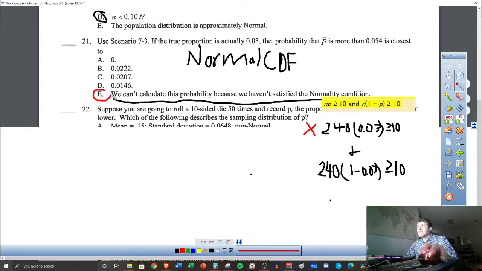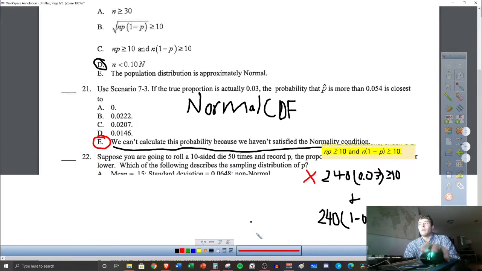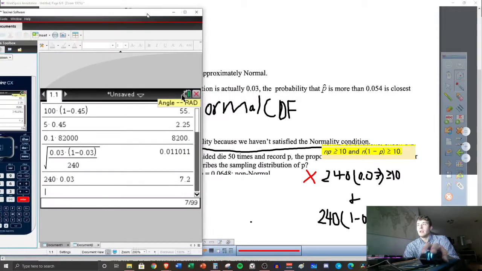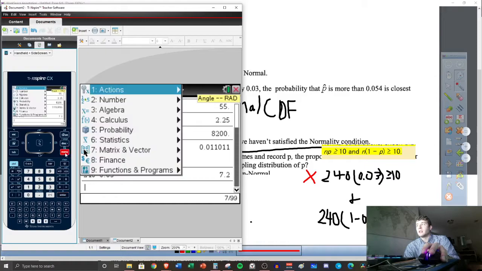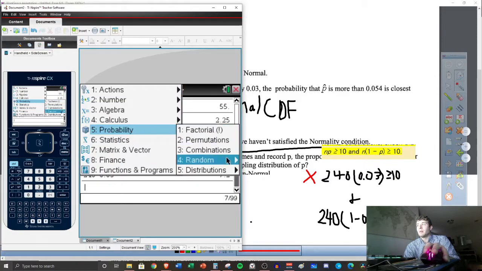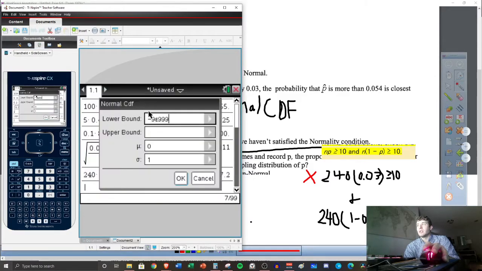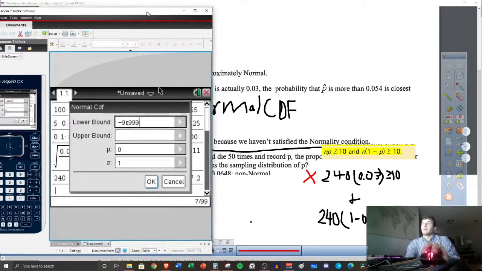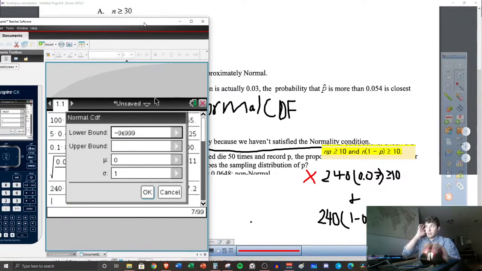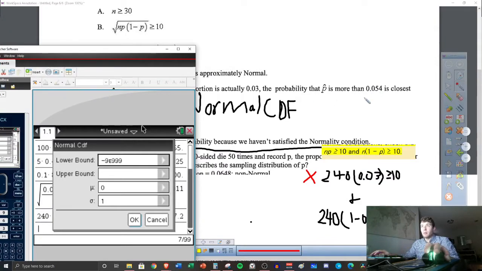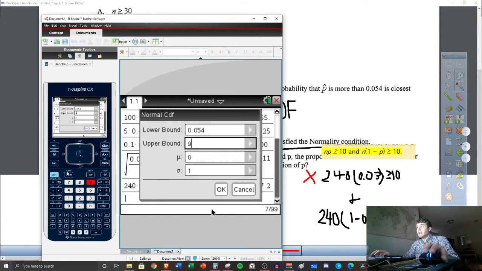So that means E is the right choice, which I wanted to get into the normal calculations on this one with you guys. But if it were normal, we could actually do a normal calculation: menu, probability, distribution, normal CDF. If you remember from our third unit where we have the upper and lower boundary, it said more than 0.54, so I'd put 0.54 and 9E99.